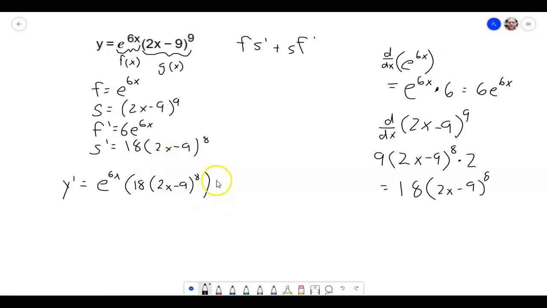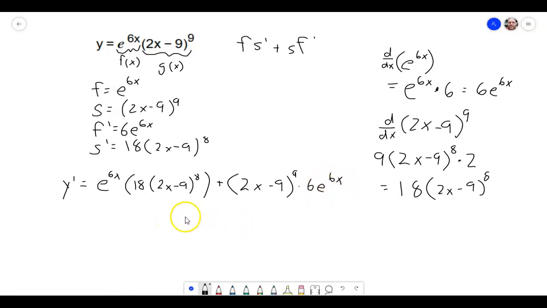And then we're going to add the second term, which is 2x minus 9 raised to the 9th, times the derivative of the first term, which is times 6 e to the 6x.